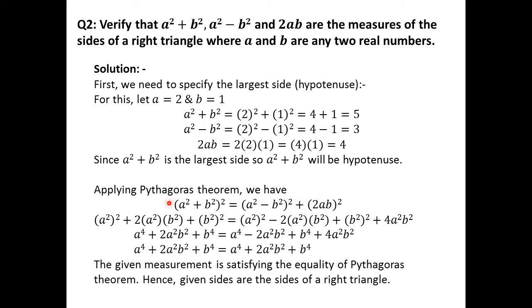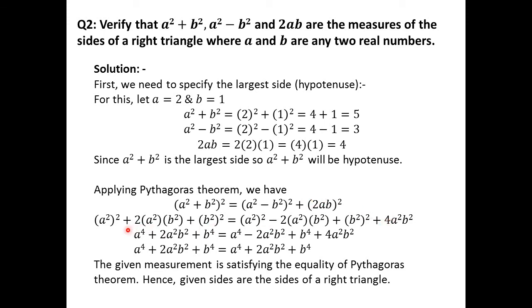In the next step, we open the formula of a plus b whole square: a square whole square plus 2 into a square into b square plus b square whole square is equal to, on the right hand side, open the formula of a minus b whole square, it will be a square whole square minus 2 into a square into b square plus b square whole square, plus 2ab whole square is 4a square b square.